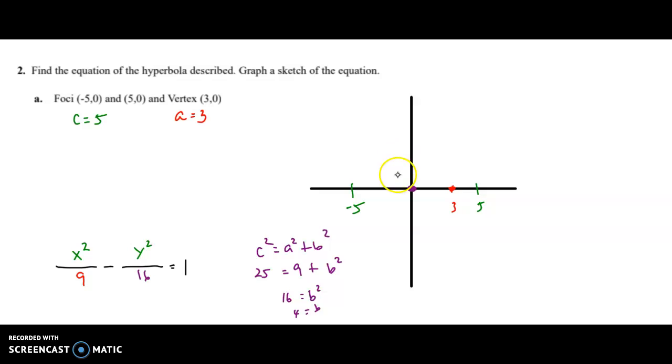Now the 4 comes in handy because, again, that's where the asymptotes are going to be, right? So I'm going to go up 4 and down 4, okay? And this was at 3, or -3 in this case. And so I need to create this box, the rectangle to draw the asymptotes in, okay? All right, so the equation of the asymptotes, sorry for my messy handwriting, is going to be y equals plus or minus 4/3.